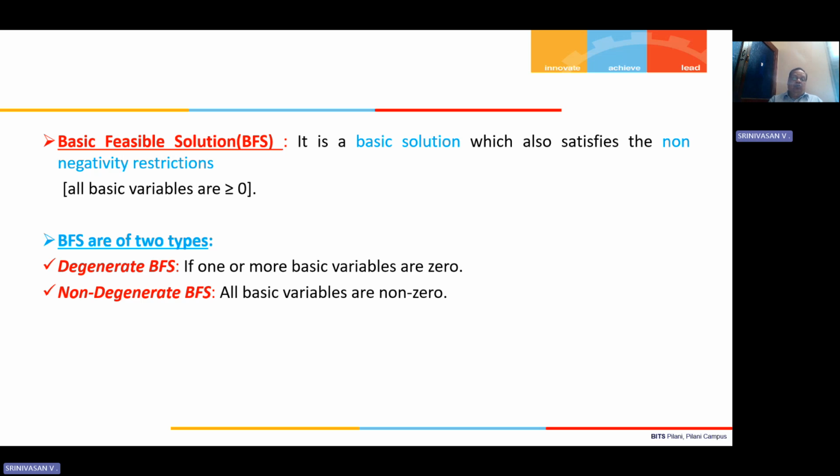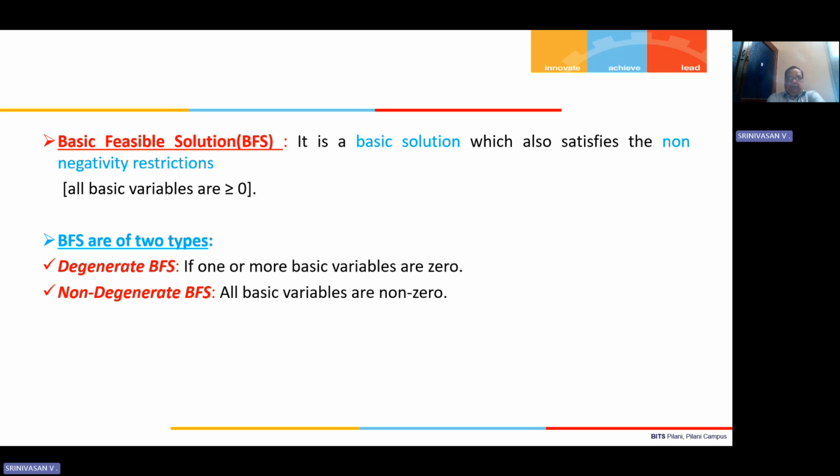When it also satisfies the non-negativity restriction, that is, basic variables are greater than or equal to 0, x1, x2 greater than or equal to 0, then it becomes a BFS, basic feasible solution.